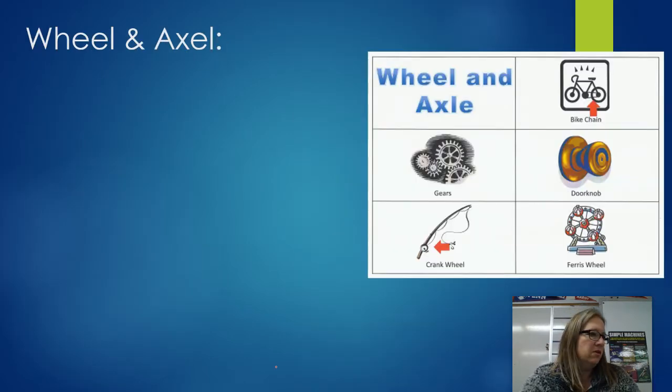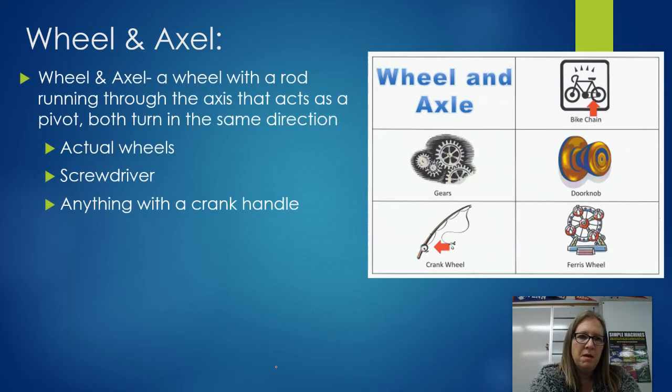All right, moving on to another kind of simple machine. We've got wheel and axle, and those are all different examples of wheels and axles, okay? By definition, a wheel and axle is just a wheel or some kind of circular object with a fixed rod going through it, okay? And they both turn about an axis point. So a screwdriver is actually a wheel and axle.